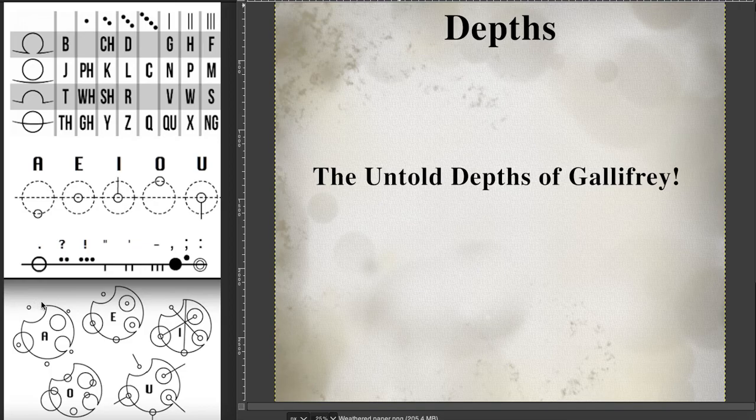This could be anywhere in the gap, and this would be anywhere in this space here. Again, E's could be anywhere on the inside so long as they're not on the line. If they start touching the line, they start to look like O's. But the O's can be anywhere on this line, but can't be outside the word circle, because O's are always on the inside of the word circle.